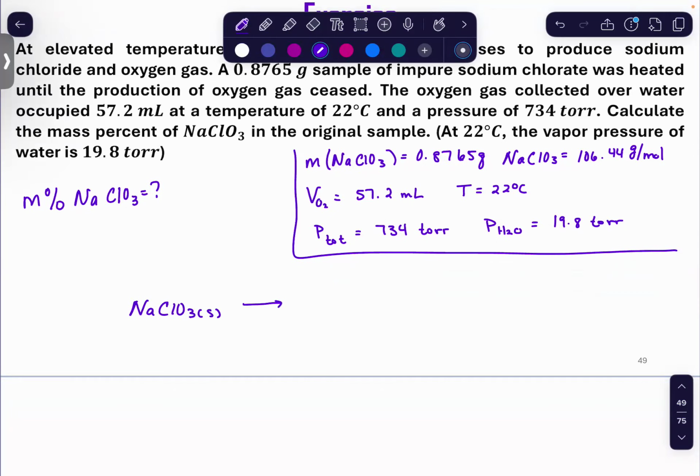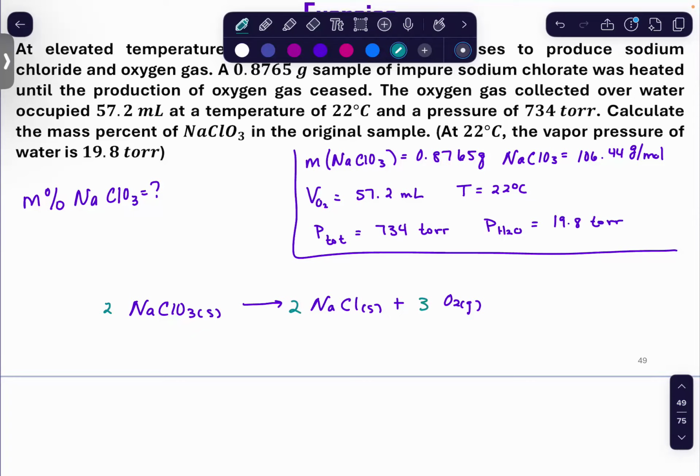It is going to decompose into sodium chloride and O2 gas. You look at this and you go, well, that's not balanced. If you balance it, you're going to get 2, 2, and 3.